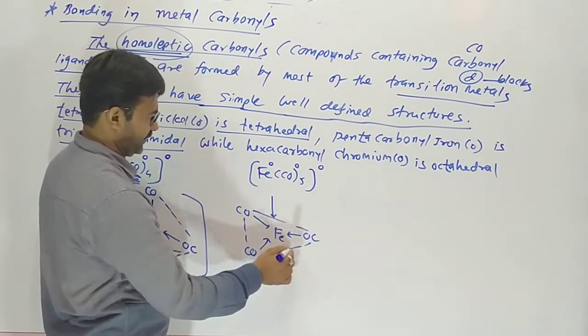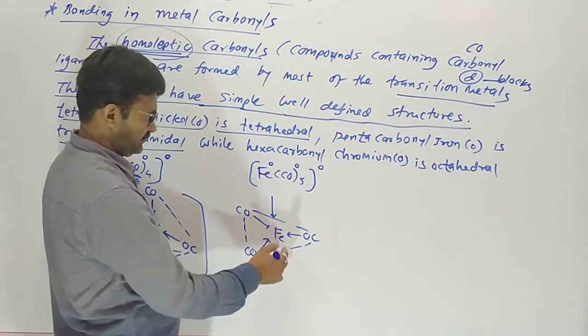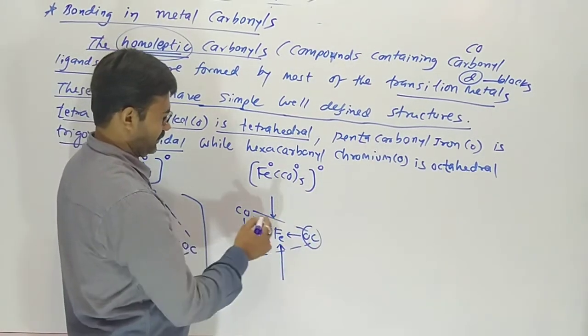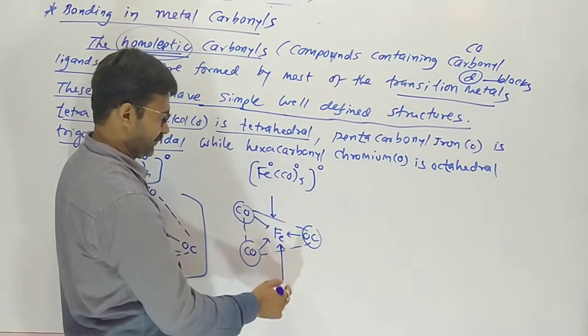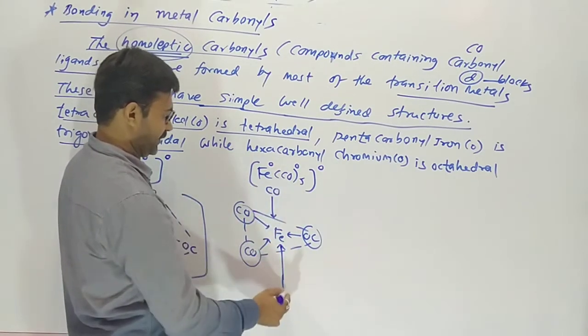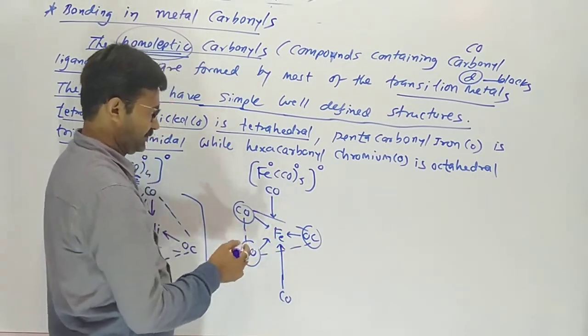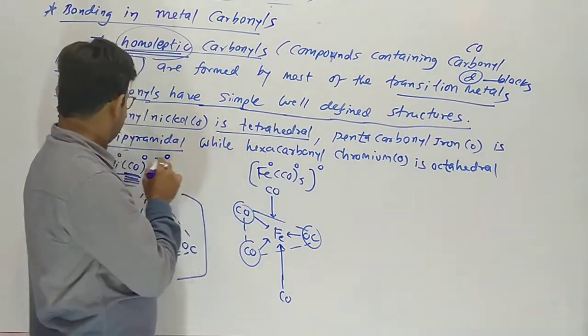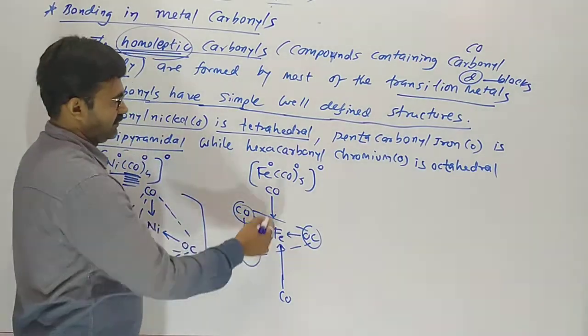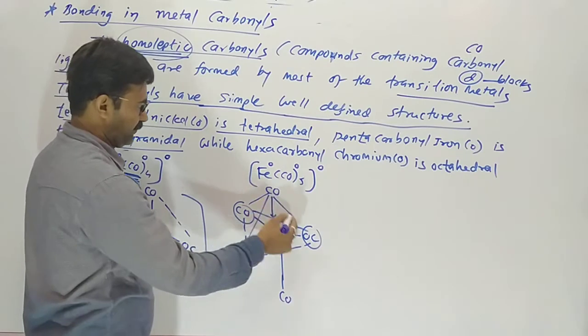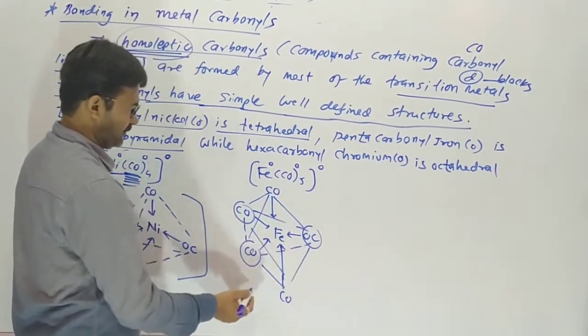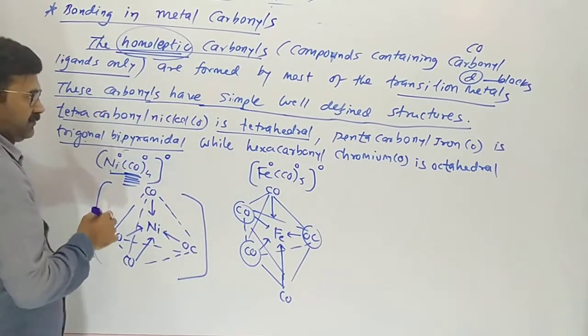Out of 5, 3 are on the same plane, at the corners of the triangle, and 2 are perpendicular to this plane. So this is trigonal bipyramidal, one pyramid upward, one pyramid downward.